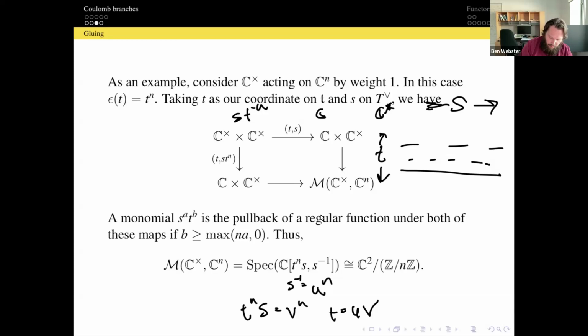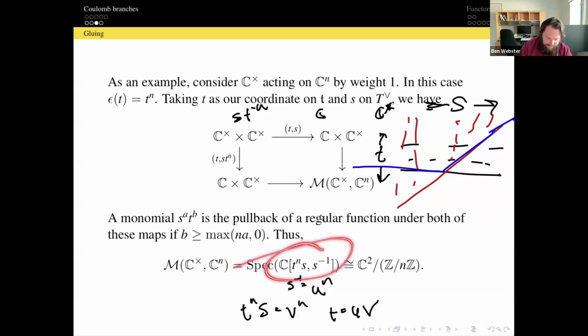And then the pullback from here is kind of tilted. Hopefully I'm going to get this tilt the right way. And so the monomials I get are the ones that are in the intersection. So it's okay to have negative powers of S, but if I have a positive power of S, it has to bring a positive power of T with it, which is how I get this algebra.